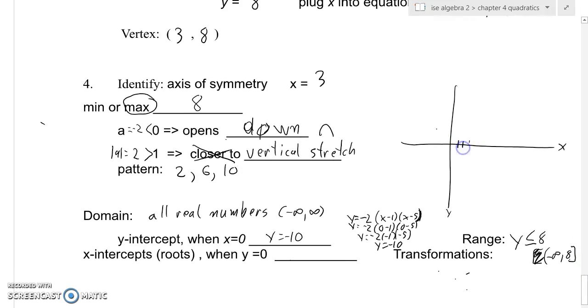So we have our vertex at (3, 8). So 1, 2, 3. I'm going to count by ones. 1, 2, 3, 4, 5, 6, 7, 8. Our vertex is at the point (3, 8).